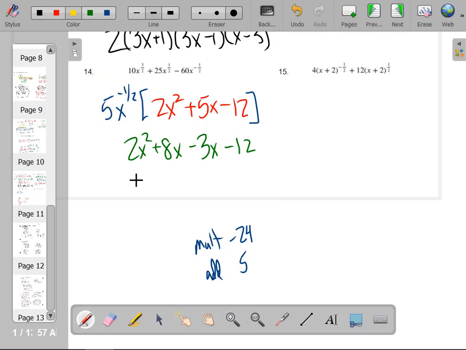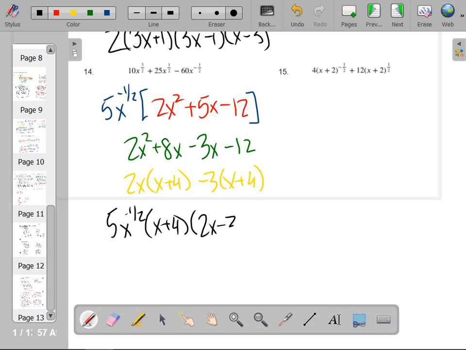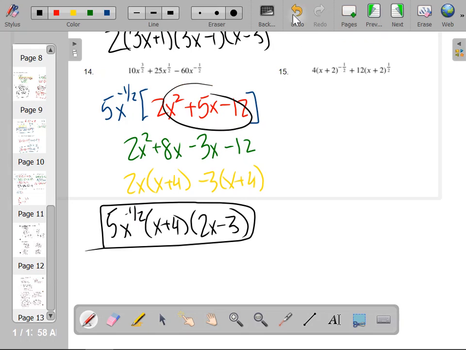So then I'm grouping 2x times x plus 4 minus 3 times x plus 4. So my factors are 5x to the negative 1/2, then I have x plus 4, and then I have 2x minus 3, and now I am completely factored. Just make sure you keep going, because if you have a quadratic, it might still be factorable.